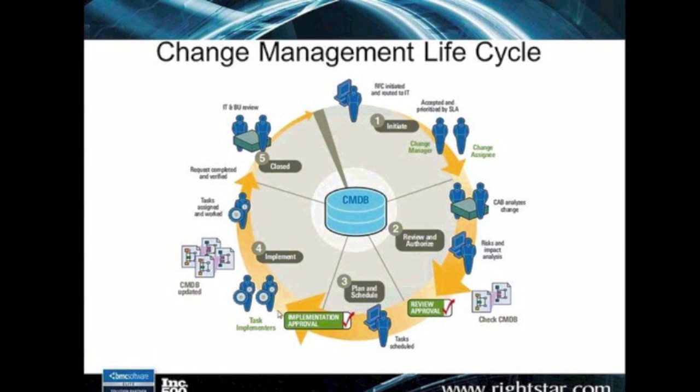Then making sure that we assign tasks and the steps that have to be done to the appropriate individuals in the appropriate sequence. And there could theoretically be another approval process after some set of the tasks are done. Again, it depends on how you've defined your change management process.